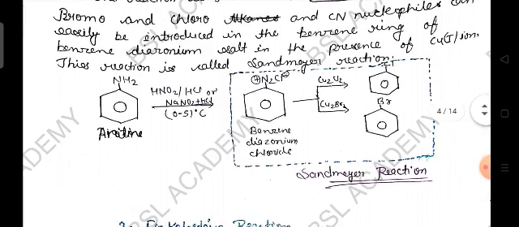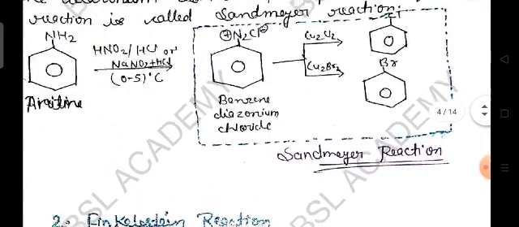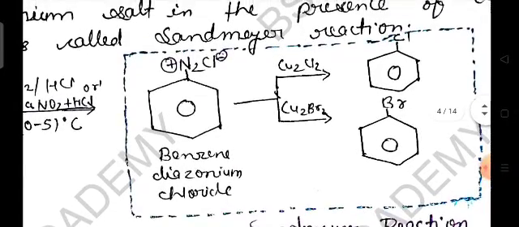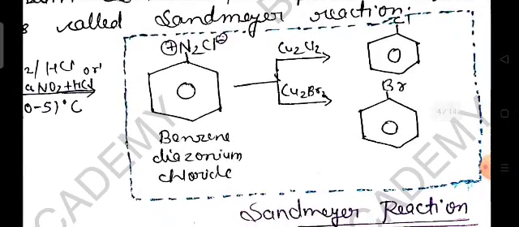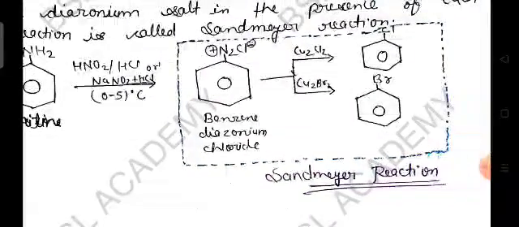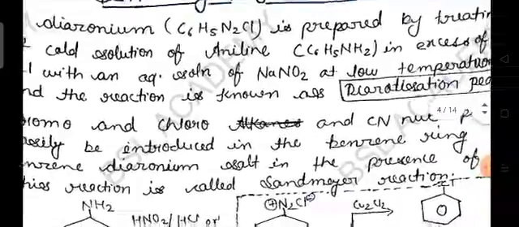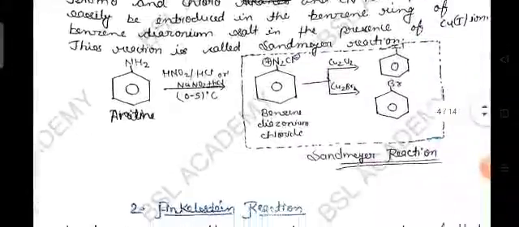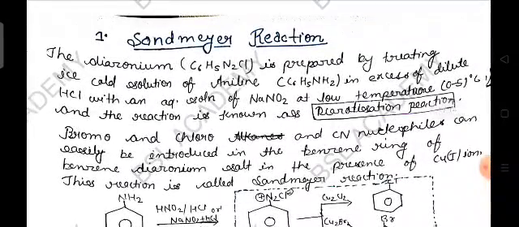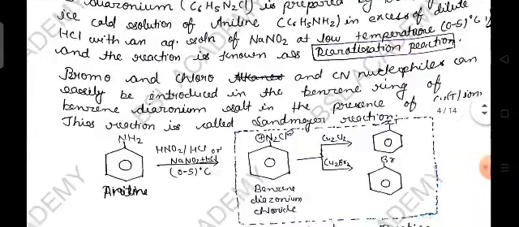This reaction is called the Sandmeyer reaction. So this benzene diazonium chloride changed into chlorobenzene or bromobenzene in the presence of Cu2Cl2 or Cu2Br2 respectively. So this is your Sandmeyer reaction, and also you have seen here the diazotization reaction.